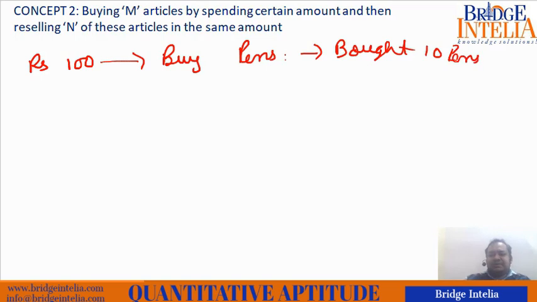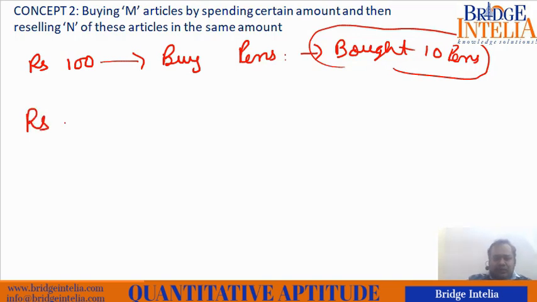Why did I buy pens? Because I thought that I will sell these pens to someone else to earn profit. Now what did I do? I bought 10 pens, but then I sold them to my local shopkeeper.